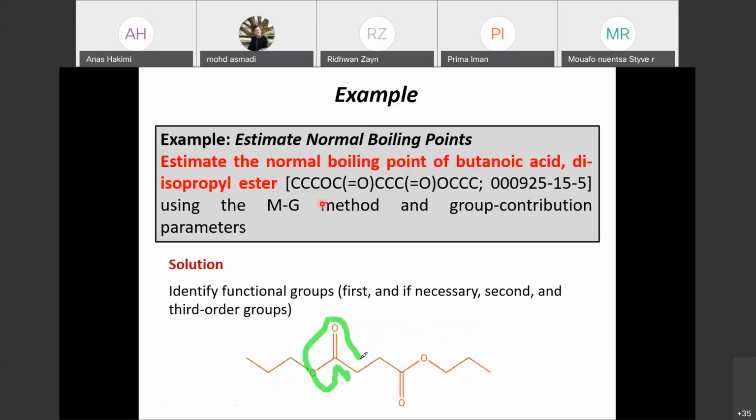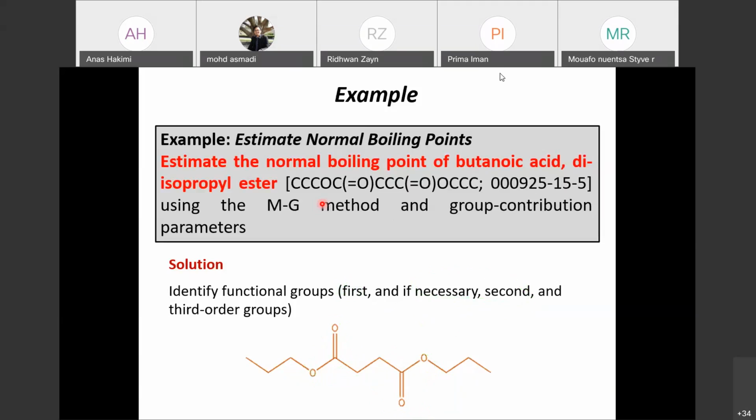And then CH2, CH2CO can be second order. Okay, I think it's already enough; no need for the third order. I think we can calculate this one. However, you can try first order first, and then compare with the second order calculation. If the error is not so much different, you can just use the first order. It's enough.